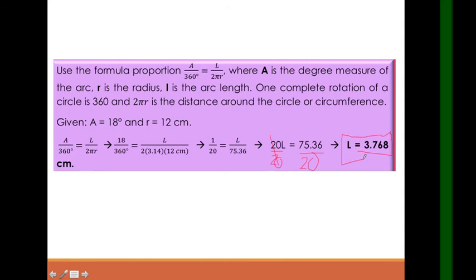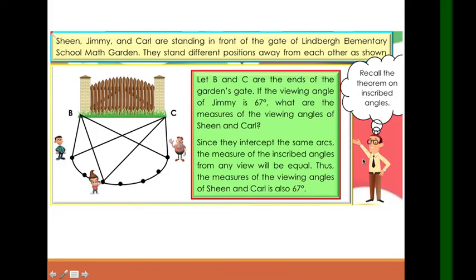for the savings. Okay. So another problem, Sheen, Jimmy, and Carl are standing in front of the gate of Lindbergh Elementary School Math Garden. They stand different positions away from each other as shown. So we have here si Sheen, si Jimmy, at saka si Carl.